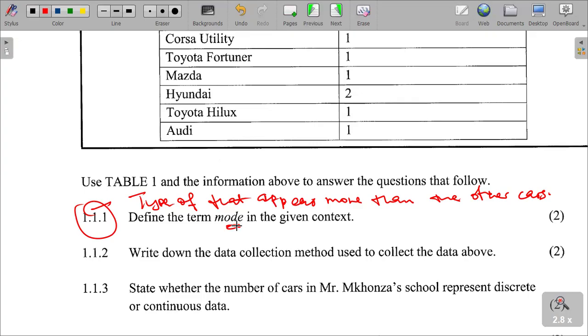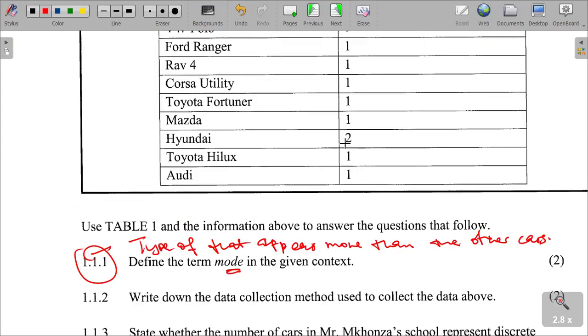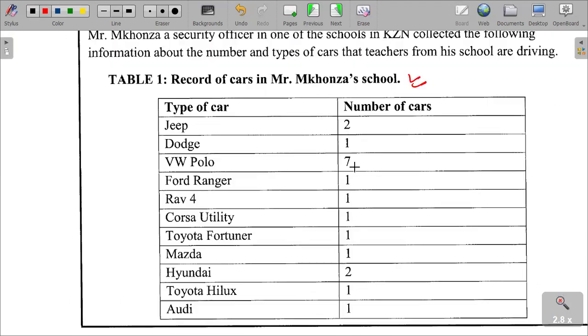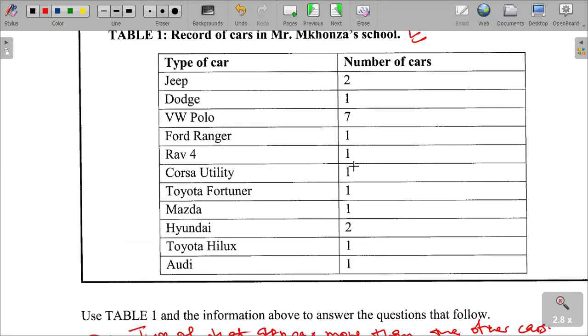Write down the data collection method used to collect the data above. According to the data that we are given, how did Mr. Mkonza get this information? How did he know that the Polo Vivo are 7, Fortuna is 1, Hyundai is 1, and Audi is 1?